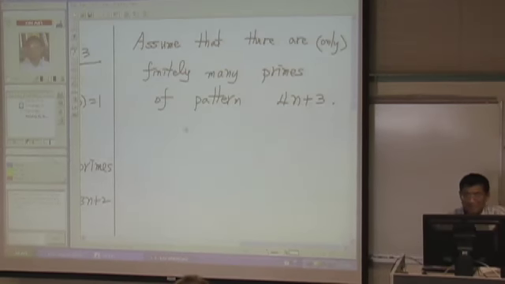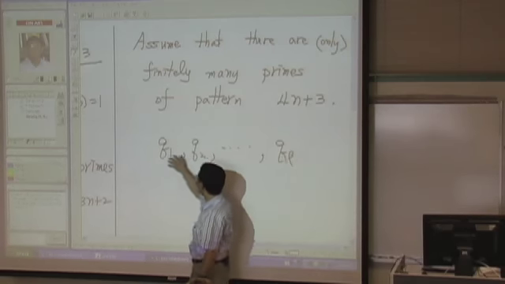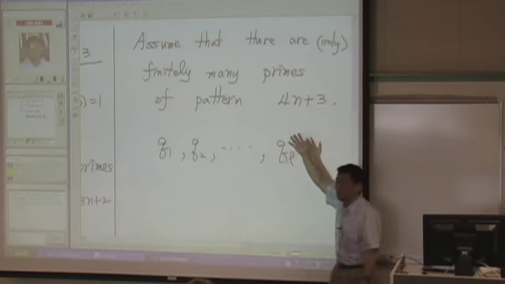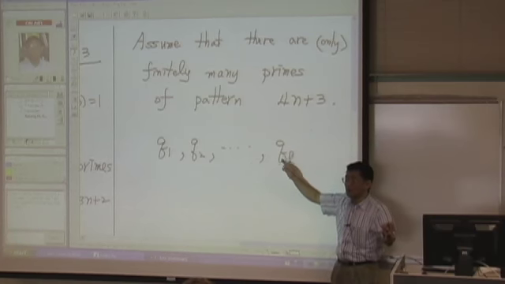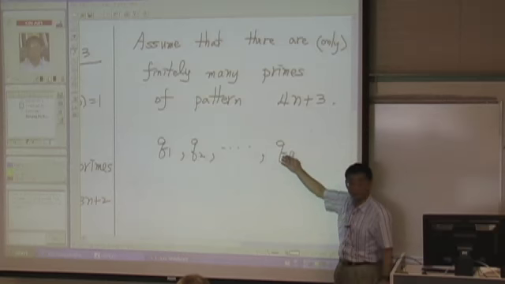Then let's write down all the possible numbers. Q1 of this pattern, right? Q2 of this pattern. And then there are only finitely many, so let's use Q beta. There are only finitely many prime numbers of this pattern. In other words, all other primes are different pattern than this one. I only collected this pattern. Do you follow me?